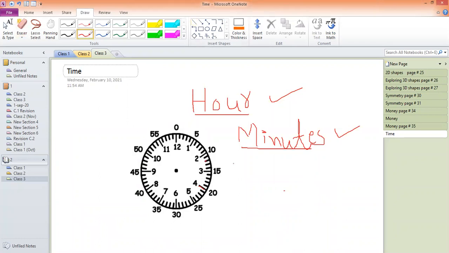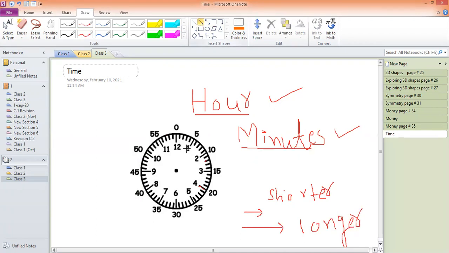The hour hand is shorter, whereas the minute hand is longer. So for hours, you use the short hand, and for minutes, you use the long hand.